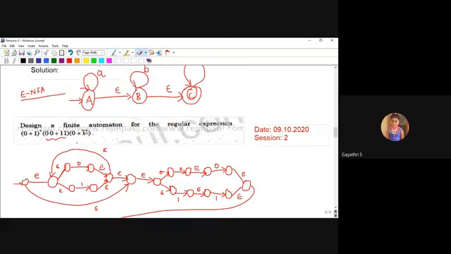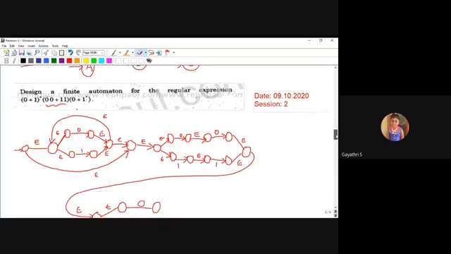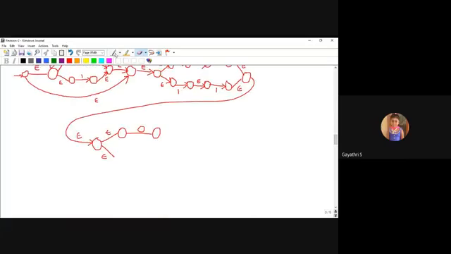Sorry, it is again (0+1)*, and this is for the closure. 0, and the lower part is 1. I will add one more epsilon.